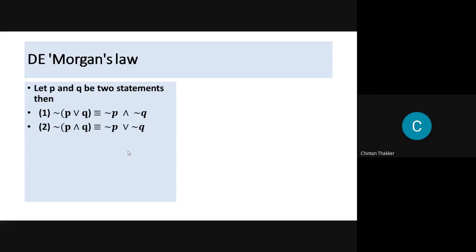If asked to state and prove De Morgan's law for two statements P and Q: the negation of P or Q is equivalent to negation of P and negation of Q. The negation of P and Q is equivalent to negation of P or negation of Q.